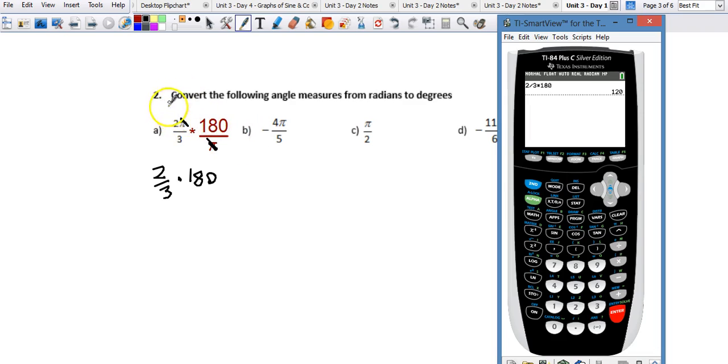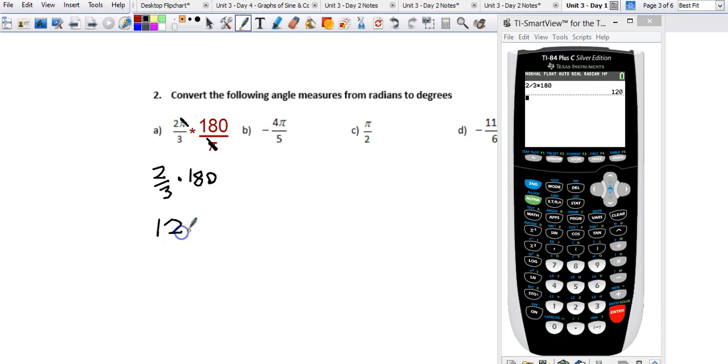So since the pi's are gone, this would just end up being 120 degrees. So that's in degree form. That's it. So just keep that pattern going. Pause the video, try B, C, and D, and check back when you get them all, and we'll check the answers.